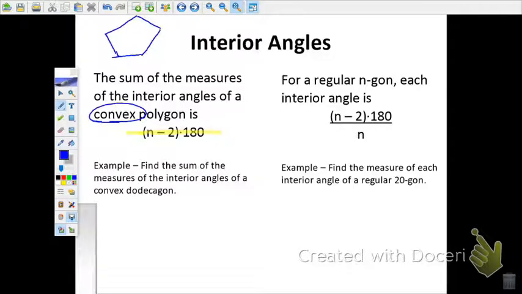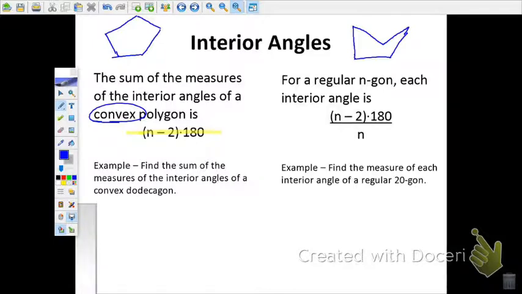So a concave pentagon may look like that. Still five sides, okay, but we see something caving in towards the center. Okay, so that's a concave polygon. We're always going to be working with these convex polygons where all of our corners point towards the outside.